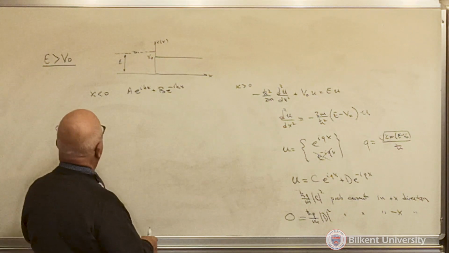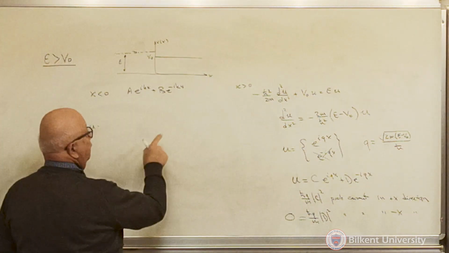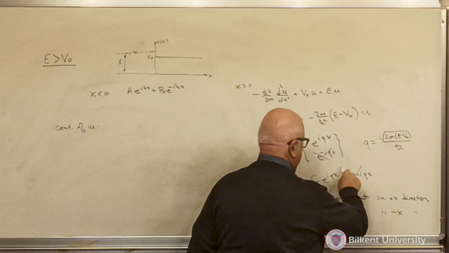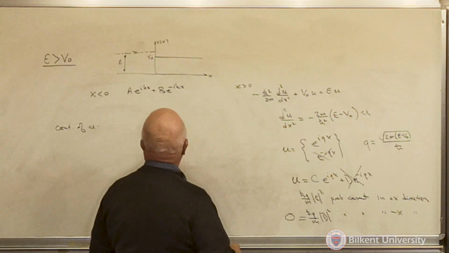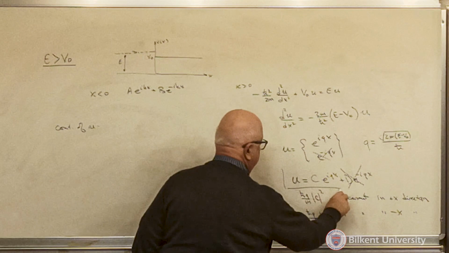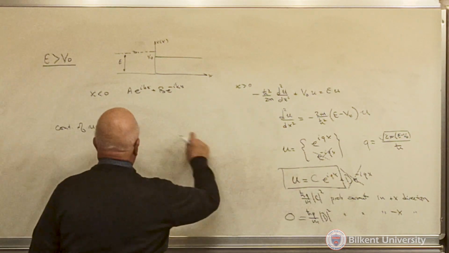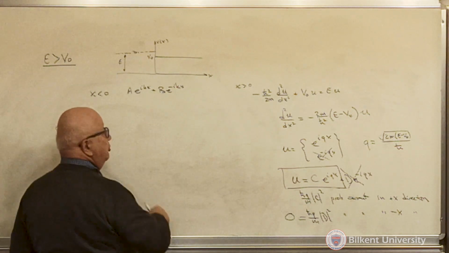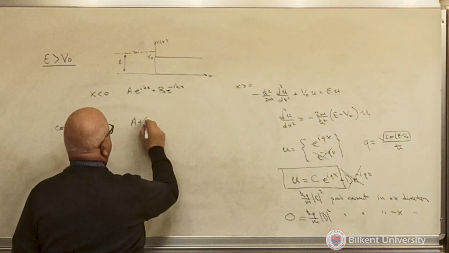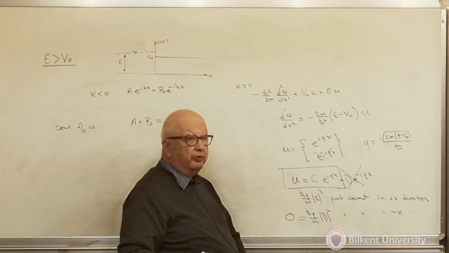All right. So continuity of U gives me, so my D is out, perhaps I'll put a box around it so that I can find it more easily. If U is to be continuous at the boundary, I am going to get A plus B equal to C at x equal to 0.